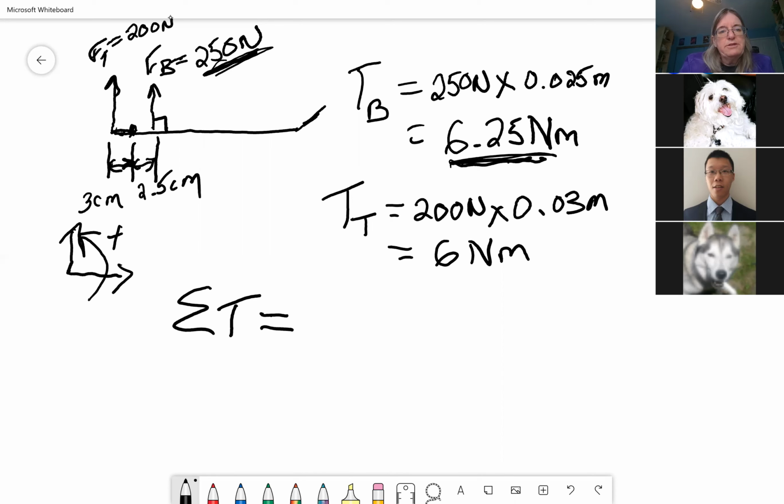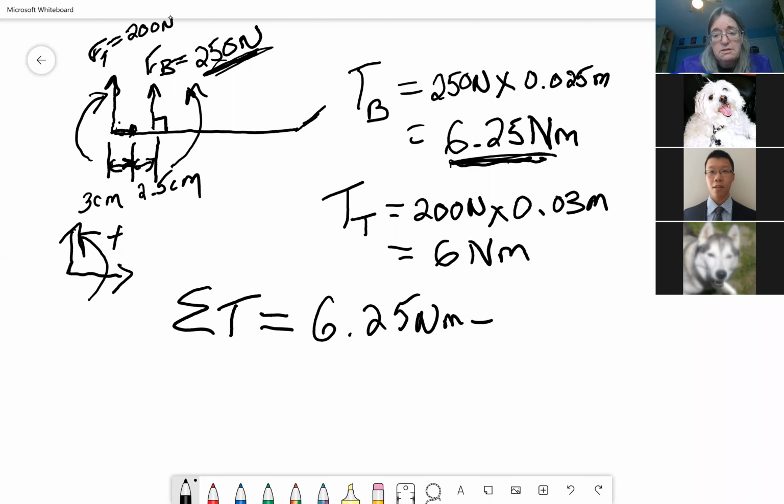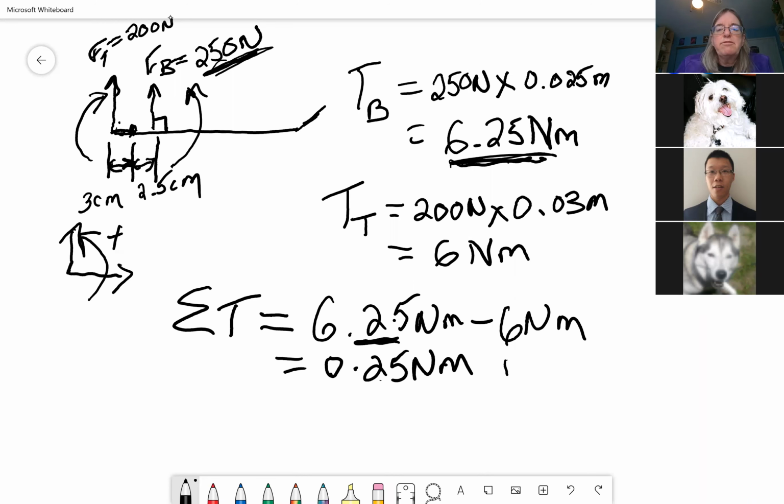This guy's going to try and bring my forearm up that way, which is good, so we'll call that positive. 6.25 Newton meters minus, and this guy's going to try and rotate my arm the other way, which makes sense, 6 Newton meters. Going to be left with 0.25 Newton meters. And the winner here, because this is positive, and I considered the biceps torque as positive, is a flexion, flexor torque.